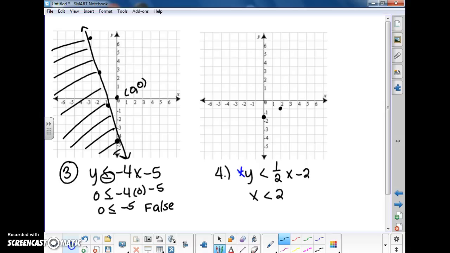Then I'm going to start back at negative 2 and go down 1 to the left 2. And I'm going to connect. Since it's not less than or equal to, there's no line underneath, so it'll be a dashed line.